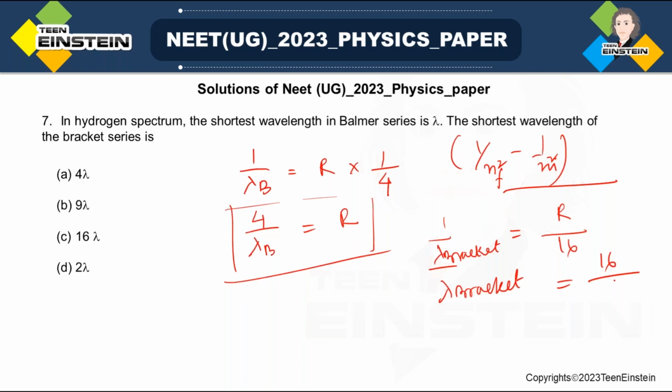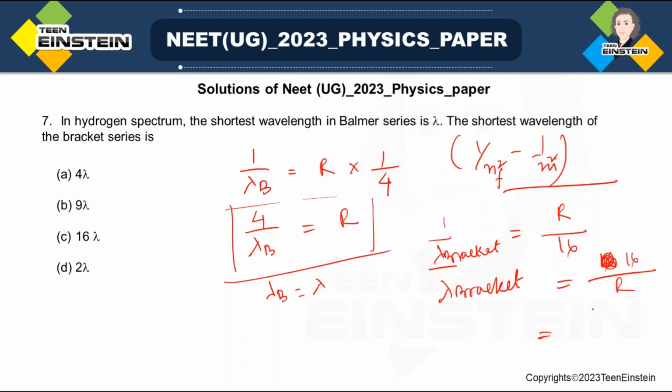R is 4 by lambda b. So 16 by r, and lambda b is actually lambda that is given.